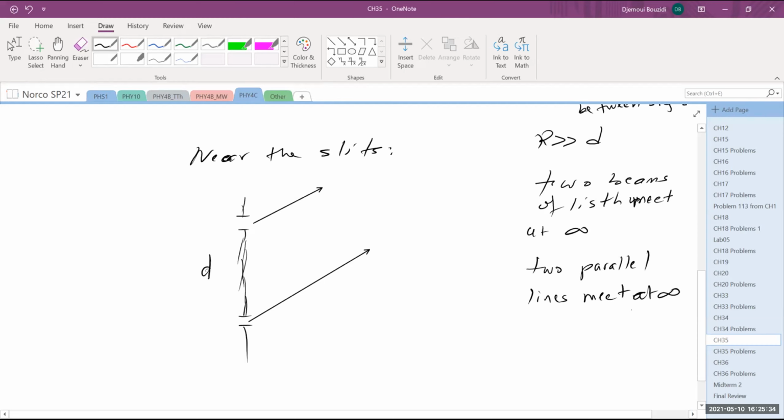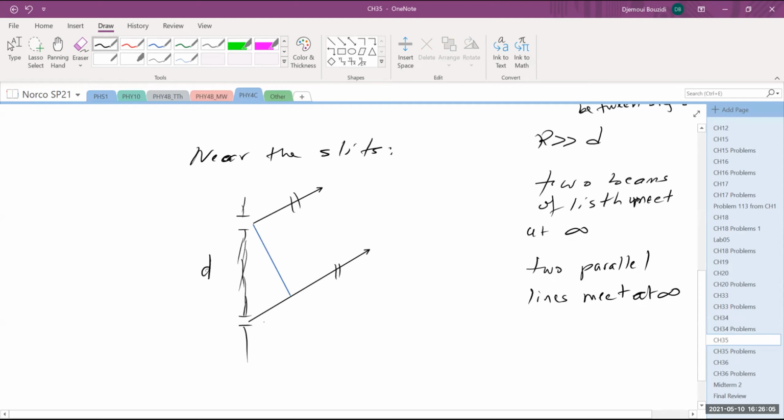So these lines immediately in the neighborhood of these two are actually parallel to one another. So if I draw the orthogonal to both of them in here, this line, this is the distance between them, because from this point on and this point on, they're equal because they're going to meet at point P, which is very far away.